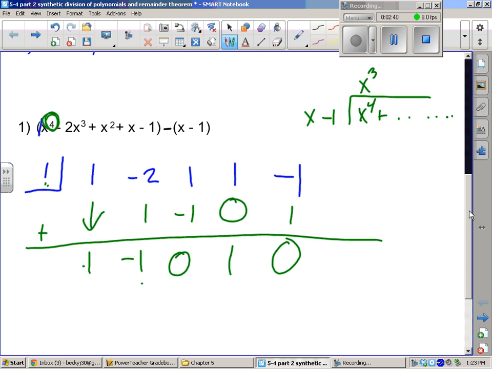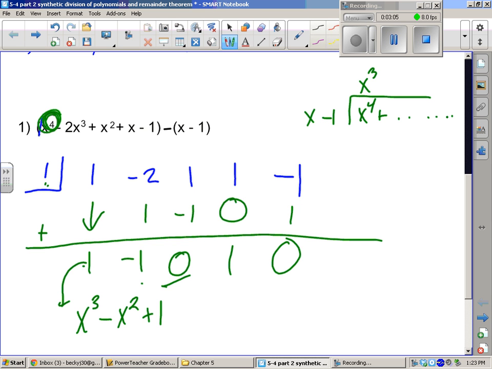But what we do with all these green numbers down here is we put our x's with it. And because we started with x to the 4th, we're going to go 1 less. So this becomes x cubed. Now, this is like the coefficient, a 1, so that's why we don't have to write it. Then we have minus 1x squared plus nothing x, and then plus a regular 1.